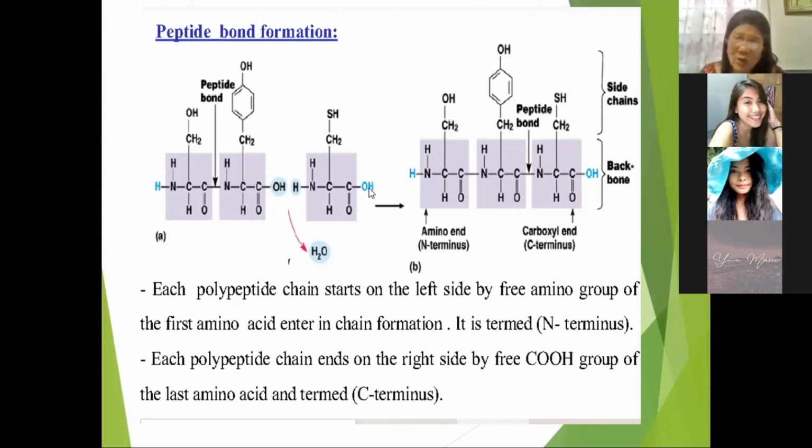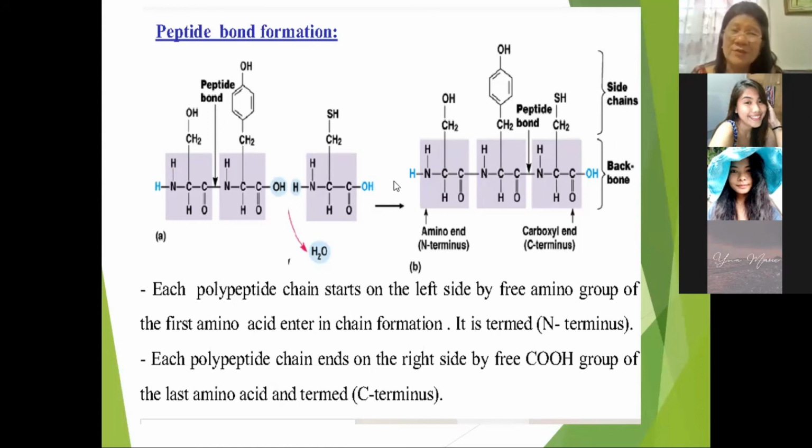You get another amino acid, and of course, it starts the same way, with H, then N, then H. So, OH and H, another one.